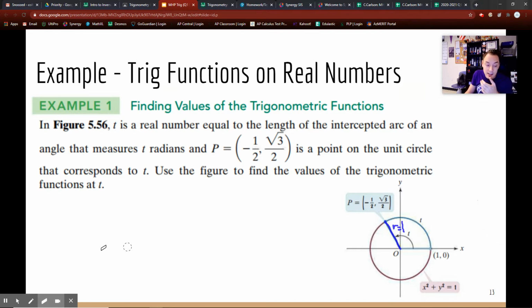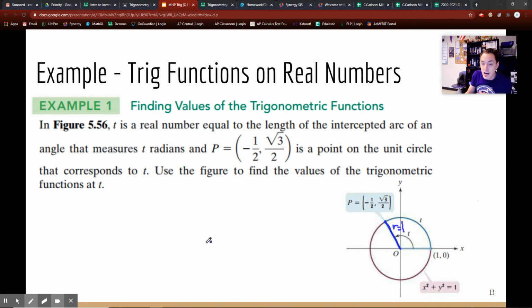I have R equals 1, my central angle is t, and my intercepted arc, my actual length on the circle, is itself also t. It's also whatever that angle is. So if my angle right here is like 120, then this t is 120. But it could be inches, it could be meters, it could be whatever. It doesn't matter. That's why they call it a unit circle. That's what's so important about it.